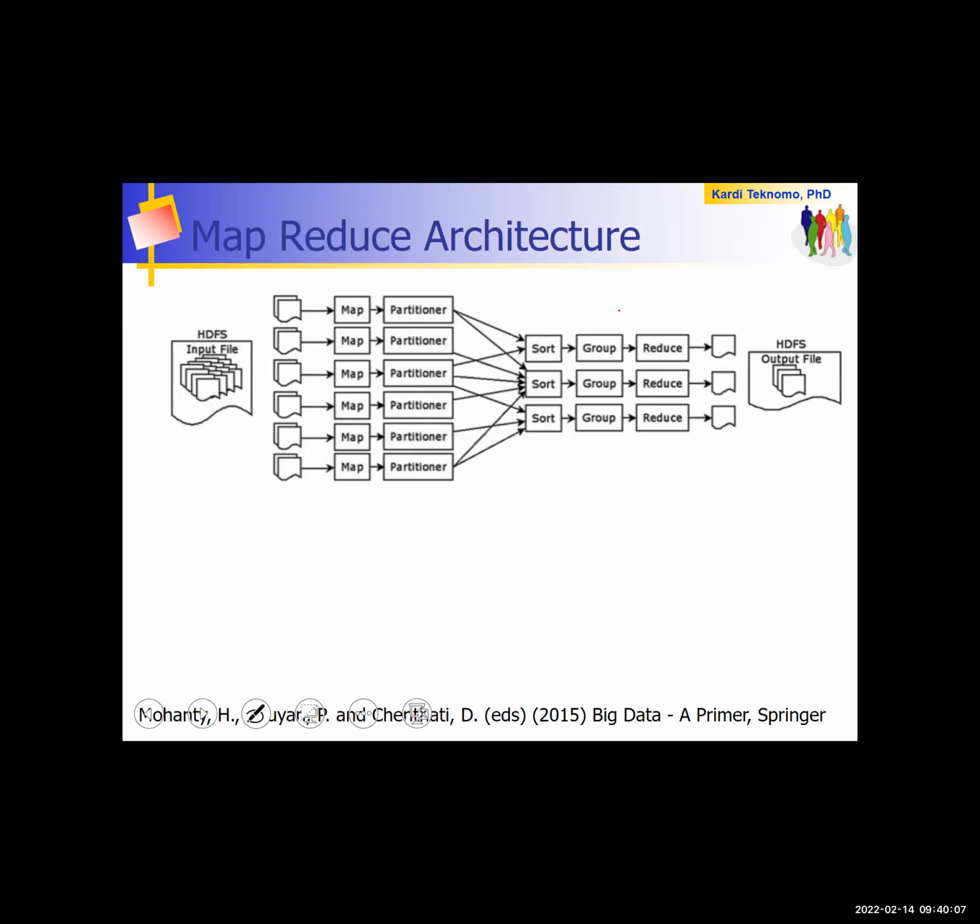So this is the architecture of MapReduce. So you have a database, the data warehouse. HDFS is the Hadoop Distributed File System, and then you separate that data into many parts, and you map that onto the CPUs, so different computers.